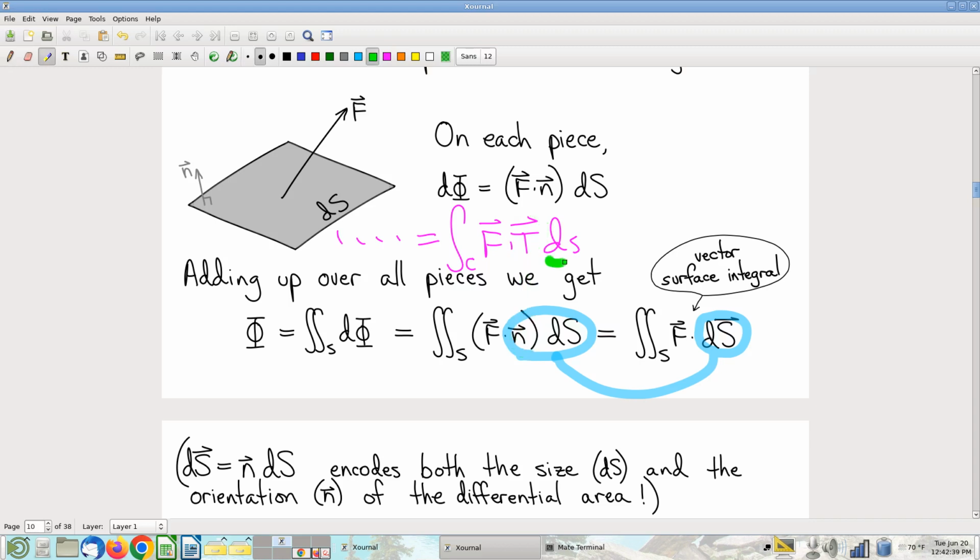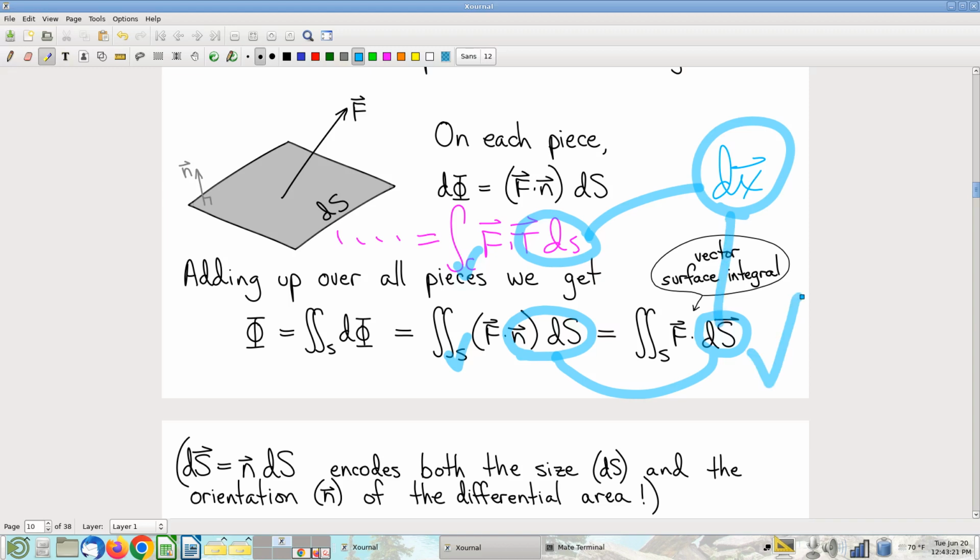There's the size differential, length in this case, area in that case, telling you how big your little piece of domain is, and then the product of those telling you everything you might want to know about that little piece of curve, just like with this little piece of surface that previously we referred to as the dx vector. Thus the analogy, and likewise we're going to call this the ds vector.